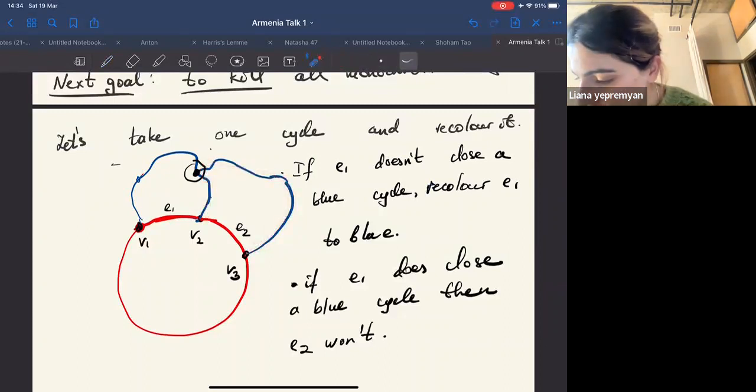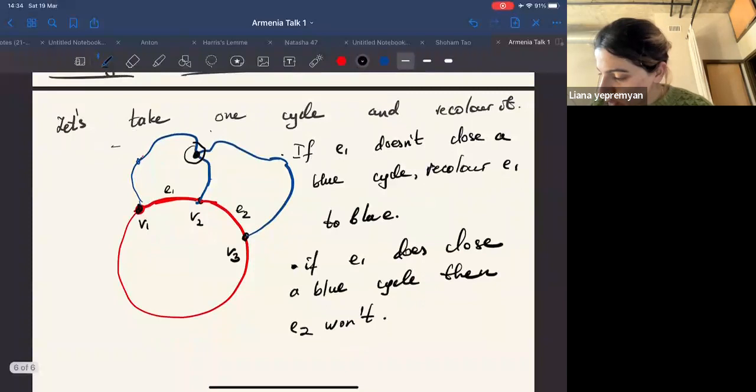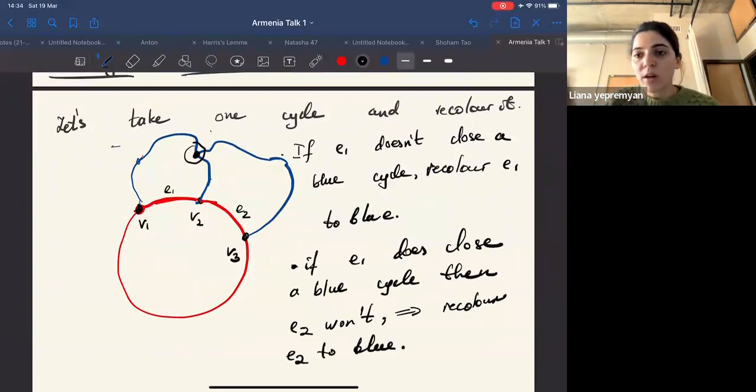So in that case, I will recolor my edge E2 to blue. So if E1 does close a blue cycle, then E2 won't. Therefore, recolor E2 to blue. And you do this one by one for each monochromatic cycle, and you get rid of all of them. Is there a question how this recoloring worked?